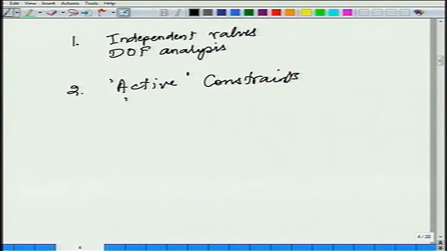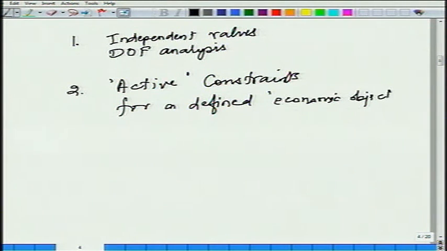Active constraints for a defined economic objective. What do you mean by economic objective?